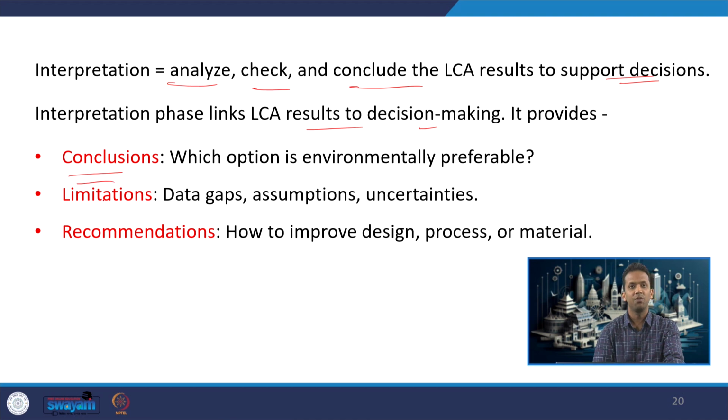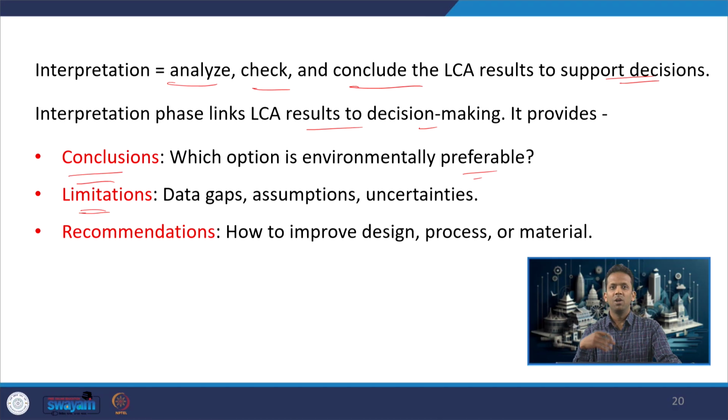One, conclusions: which option is environmentally preferable, or what is the total environmental impact of a given option or a given system. Two, limitations: the gaps in the data, the assumptions and uncertainties would be described under limitations. The conclusions will tell us which option is best or what the total emissions are.